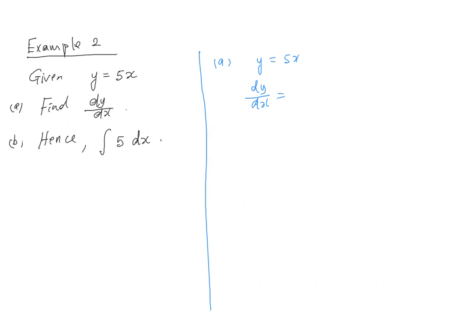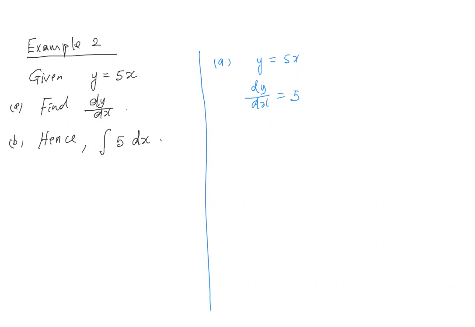Is it x squared? How can it be x squared? I thought every time you have to power take away 1. The answer is 5. So you see, you don't do your homework. You didn't memorize the thing. So the answer is 5.